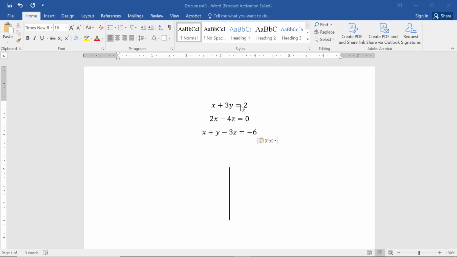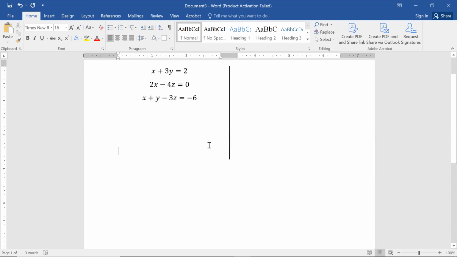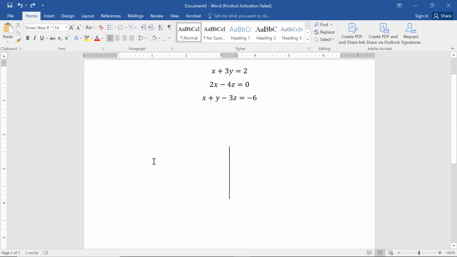So we want to solve this system with 3 equations and 3 variables. And what I'm going to do is the same process as we did before. I'm going to pick 2 equations and I'll eliminate a variable.